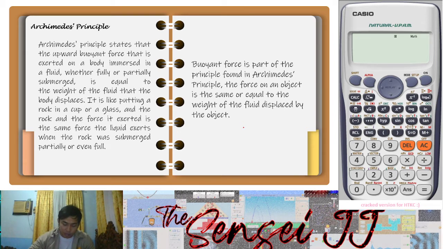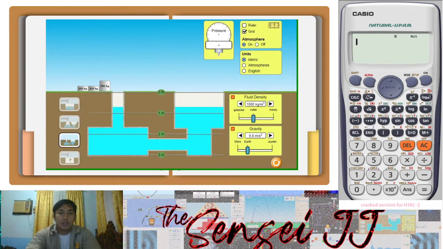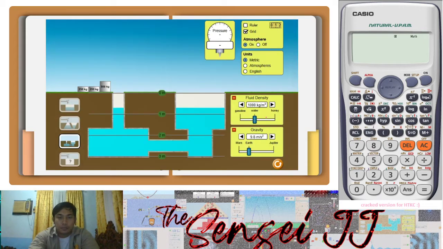Okay, so let's try to have this example. Let me show you this one, guys. Please try to pay attention to this detail. So their water level, when it was placed, umangat ng konti yung ating water.